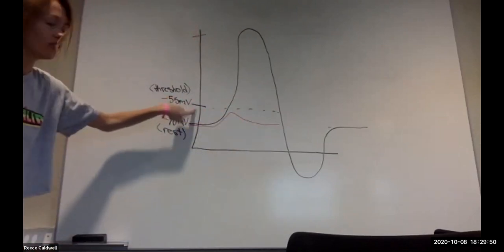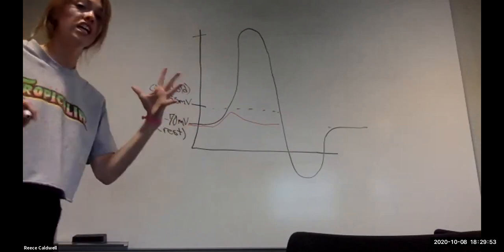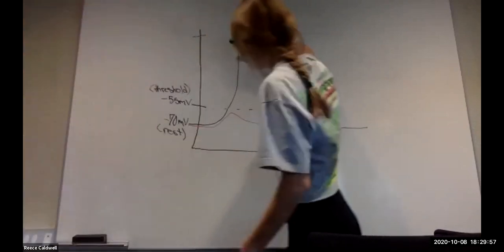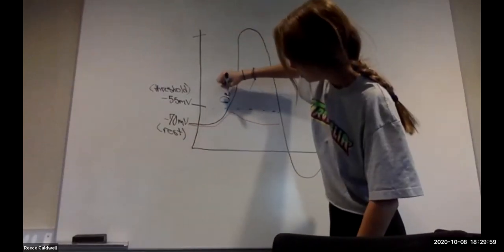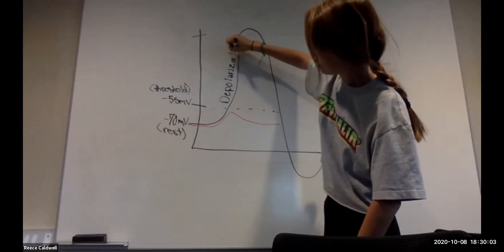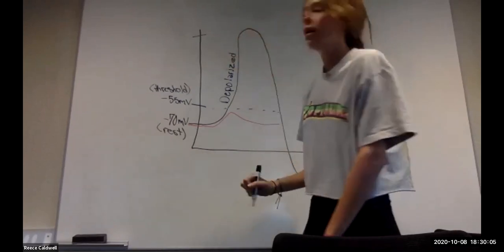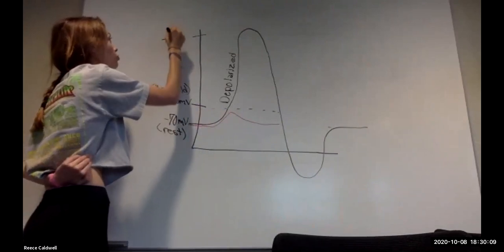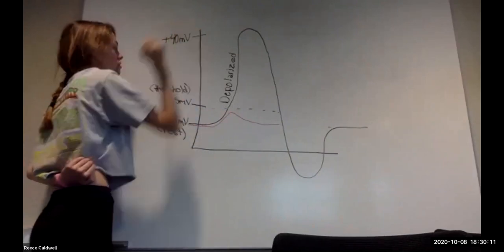If it does hit threshold, real quickly, the cell will become depolarized. It will depolarize all the way up to positive 40 millivolts.